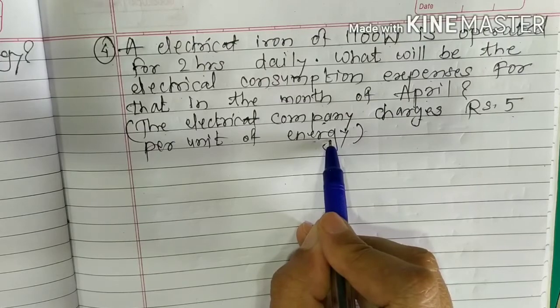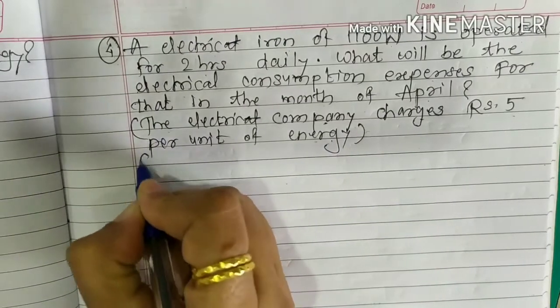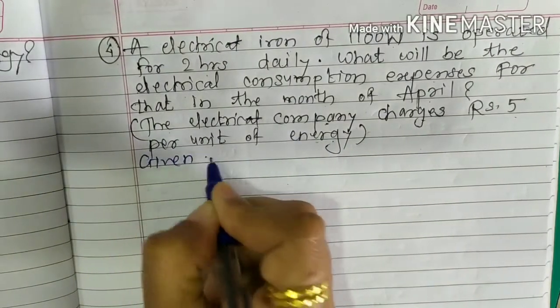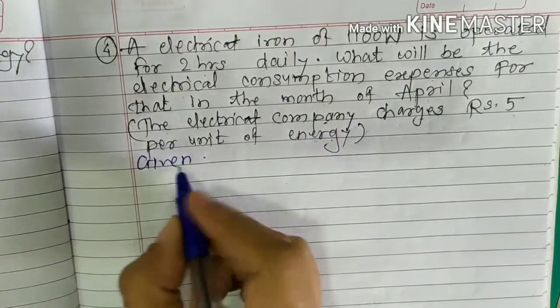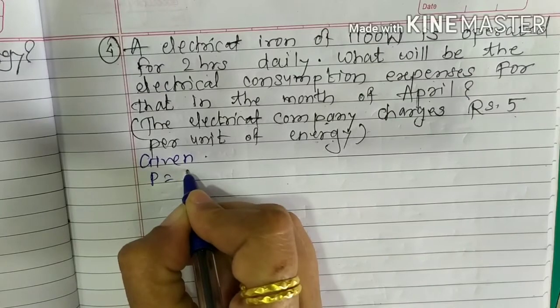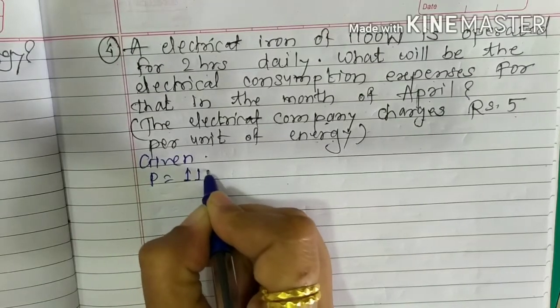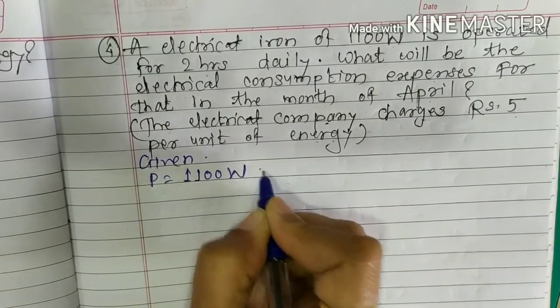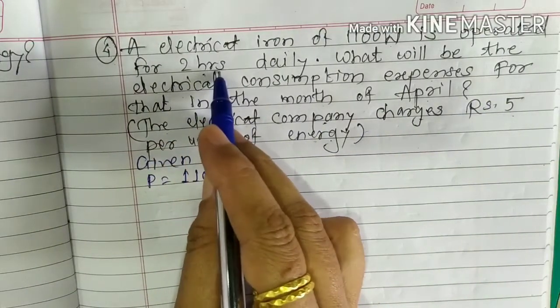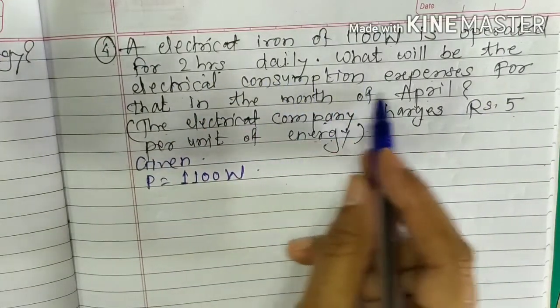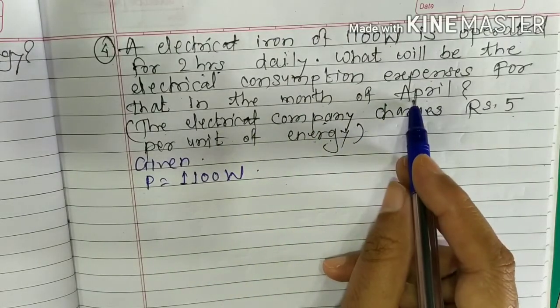So see here what is given. P, that is the power of the iron, is 1100 watt. Then we operate for 2 hours daily in the month of April.